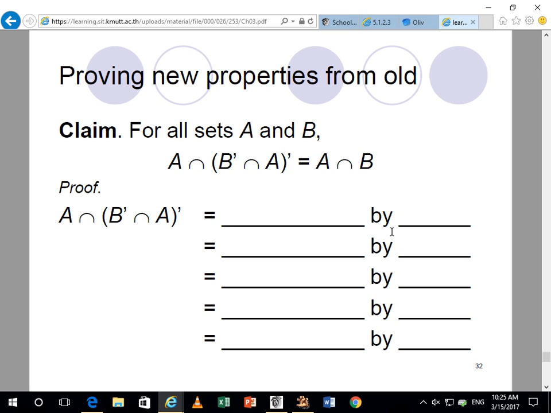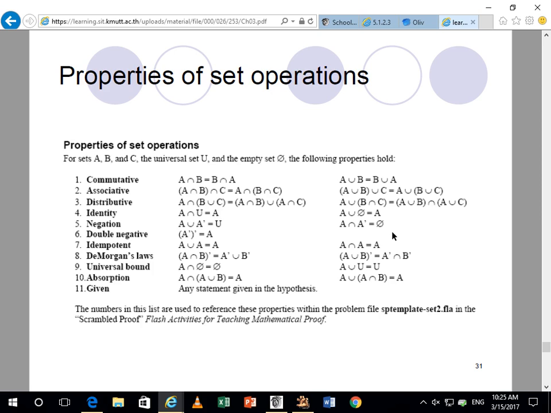Right here, negation. A intersect A prime is the empty set, right? So negation.